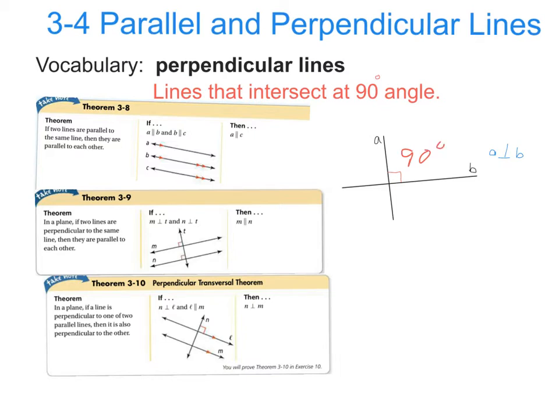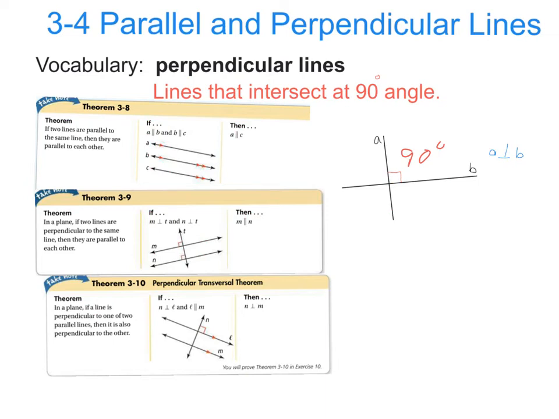Then we have three different theorems. Theorem 3-8, Theorem 3-9, and 3-10. 3-8 says that if you have two lines that are parallel to the same line, so B and A are parallel, B and C are parallel, therefore A must be parallel to C. Theorem 3-9, if you have two lines that are perpendicular to the same line, so M and N are both perpendicular to T, therefore those two lines must be parallel.